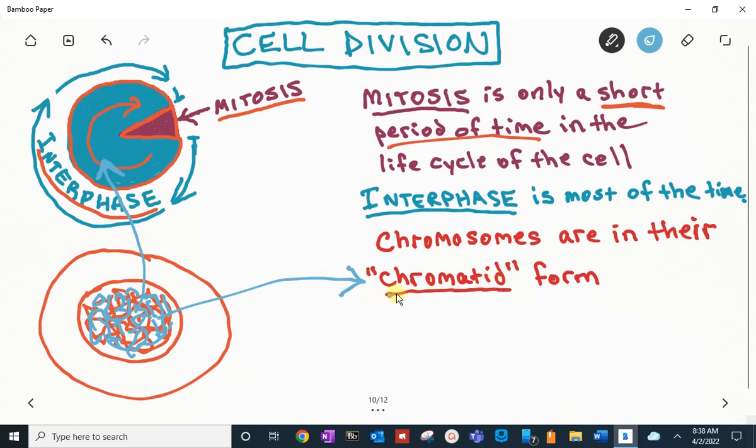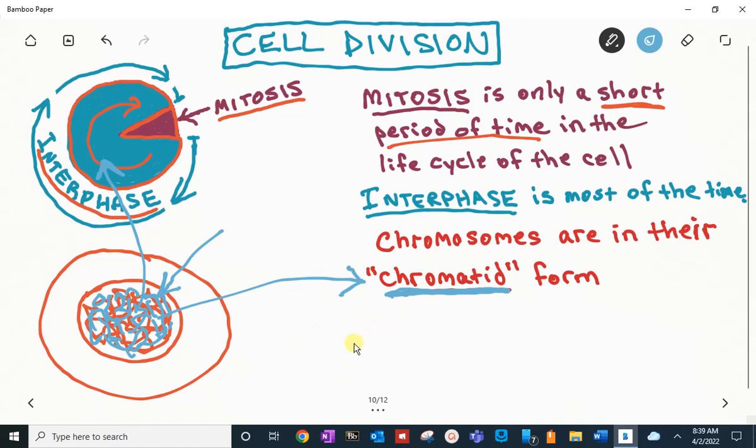So if you hear the word chromatid, all that means is that it's the same thing as a chromosome, but chromatid is the word we use to refer to it when it's all unraveled and in this big messy ball in the nucleus. That's during interphase, when it's not in mitosis. The chromosomes are chromatids. They're in chromatid form.